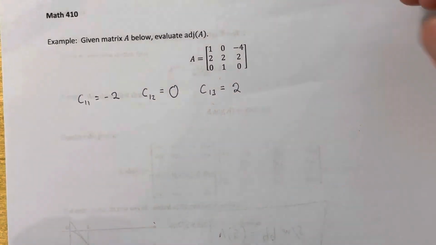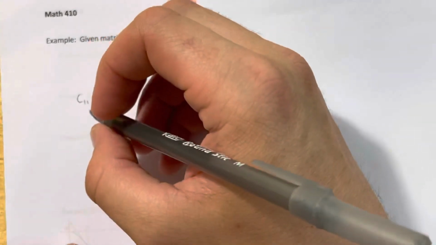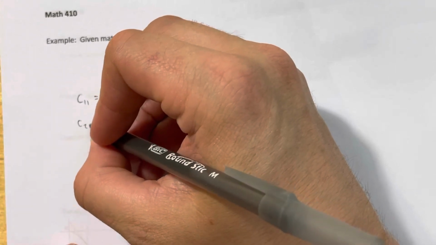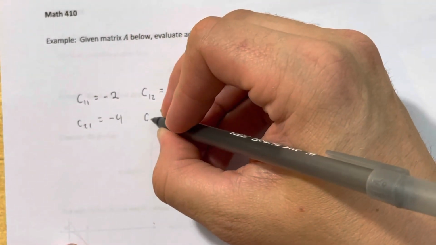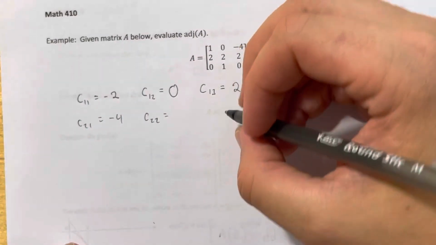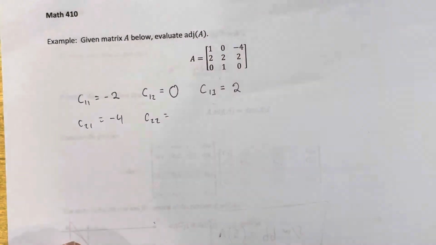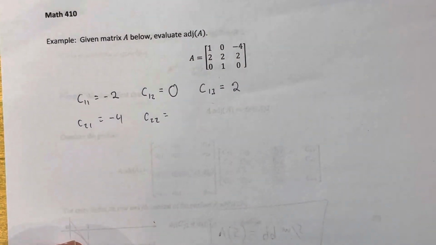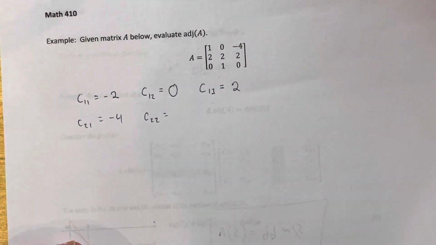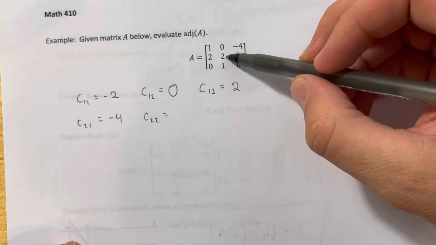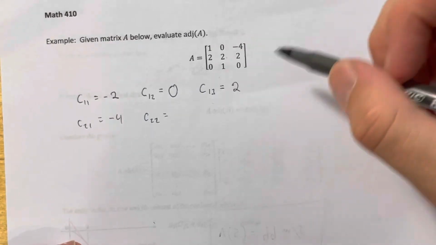Okay, the remaining cofactors, I'm going to go ahead and just write down what they equal without talking through how to get them, since it should be very straightforward by now. C21 is equal to negative 4, C22 is equal to 0. Actually, looking at my notes here, I don't know if I wrote that down right. Let me just work that one out. That'd be, yeah, 1 times 0, negative 4 times 0.